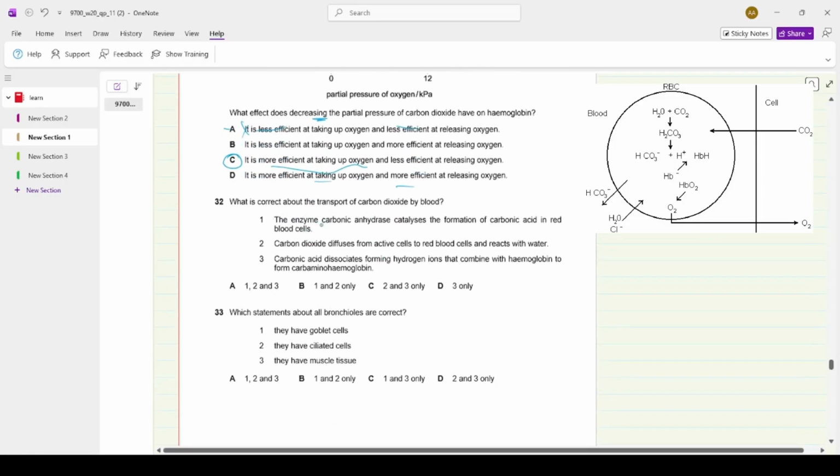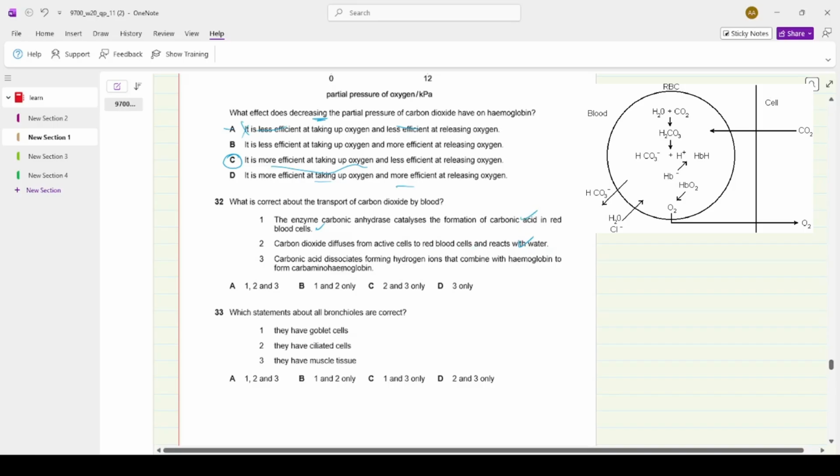32. What is correct about the transport of carbon dioxide by blood? 1. The enzyme carbonic anhydrase catalyzes the formation of carbonic acid in red blood cells. Yeah, that is true. Then number 2, carbon dioxide diffuses from the active cells to the red blood cells and reacts with water to form carbonic acid.